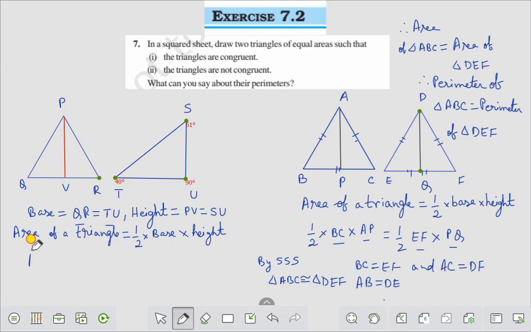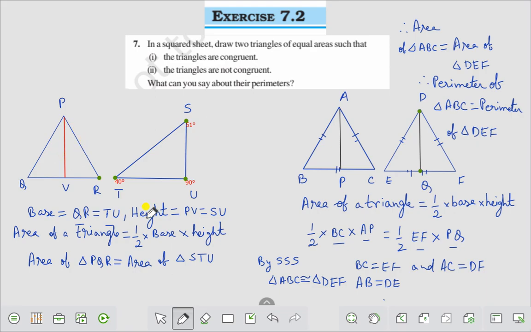Right? Area of triangle PQR is equal to area of triangle STU. Now you see the triangles are not congruent. Here you see this line, from estimation we find that TS is a longer line than this line.